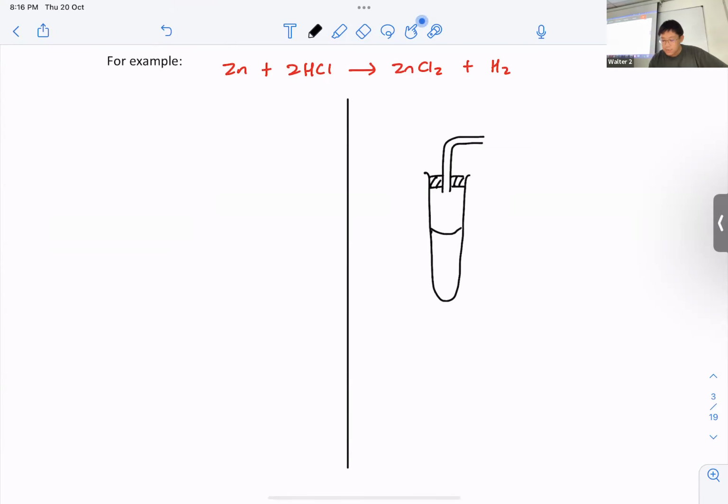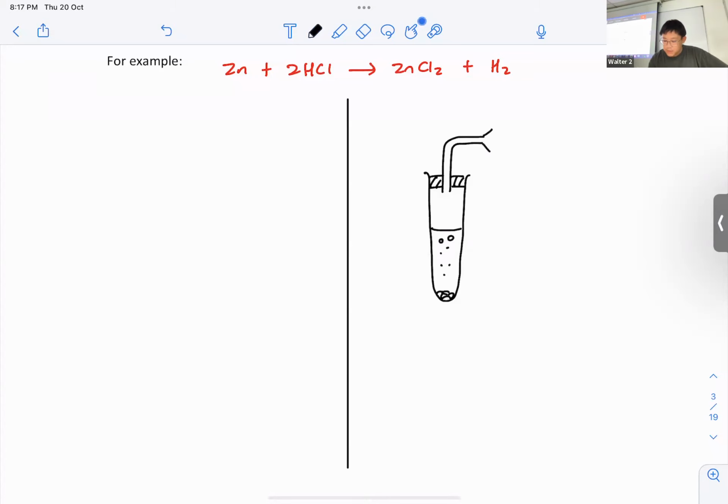So imagine now you have your acid inside here, and then you have zinc granules at the bottom. So there'll be bubbles of gas released.